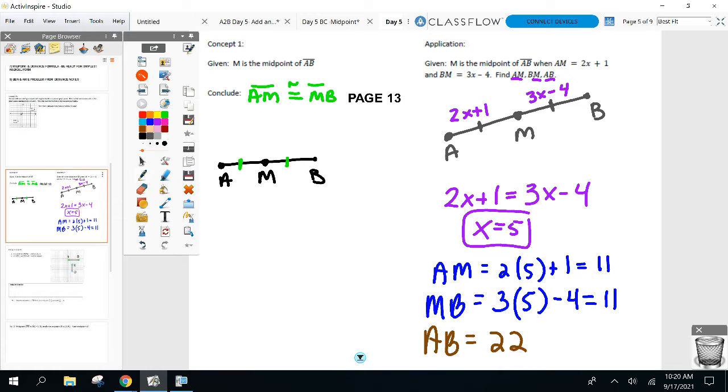Okay, all good? How you feel on midpoint? Okay, now let's go to the graph like we did yesterday for distance. Can we find the midpoint of a line segment if I graph it?